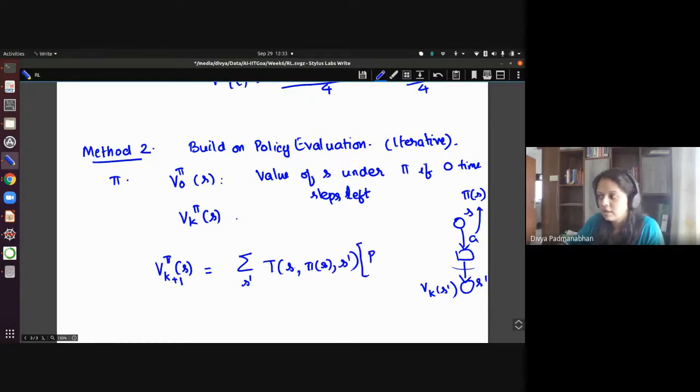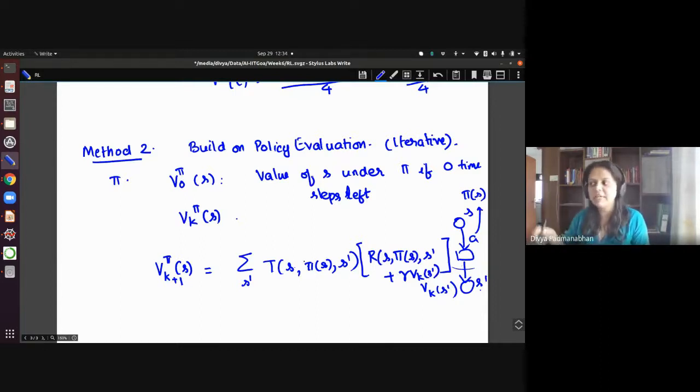Times the reward that you would get from taking this action pi s and going to s dash, plus gamma times vk of s dash. This was the setup we did many times to get vk plus 1. That was the case where you knew the transition probabilities. This was known and this was also known.